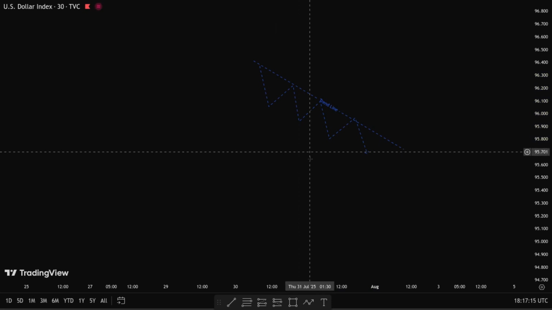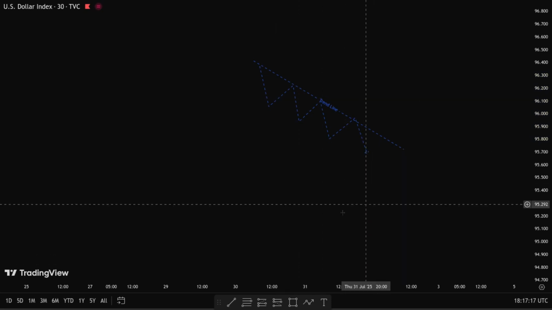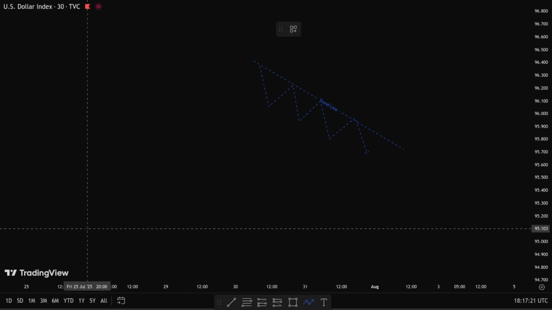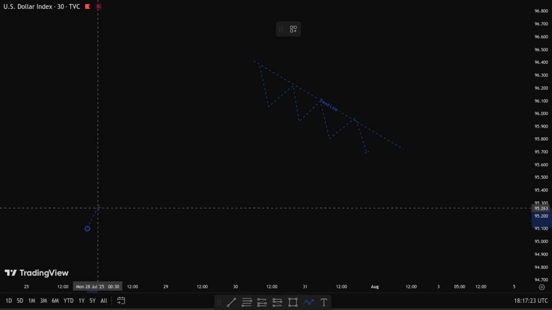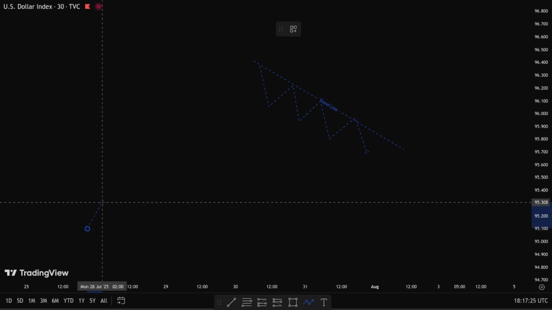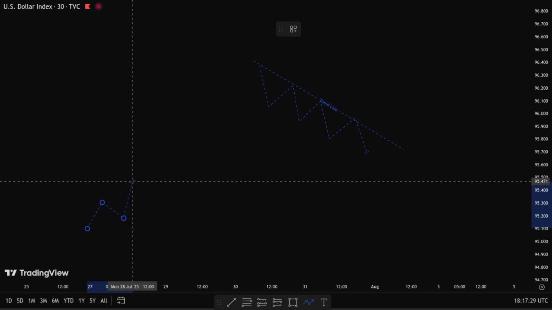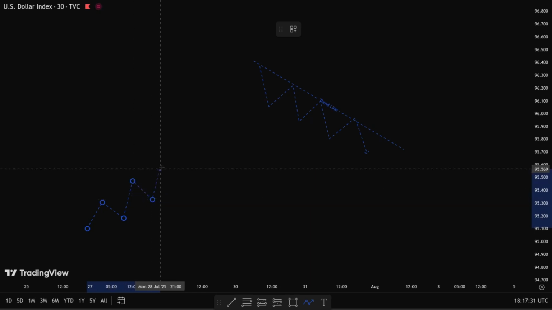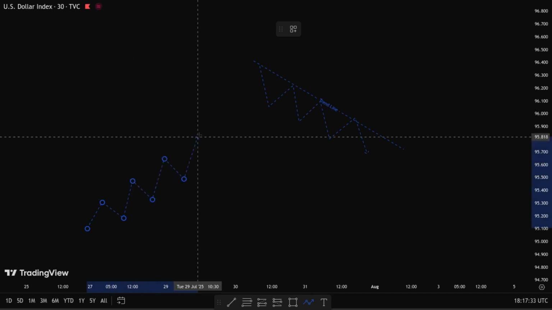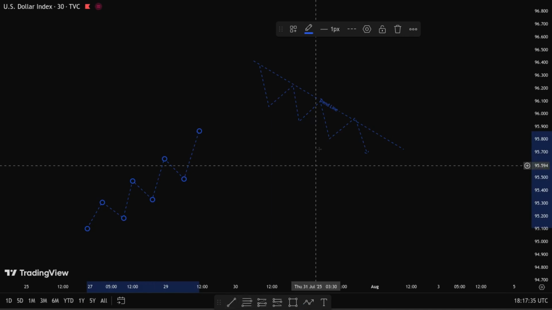So this is the trend line, this is a downtrend. Remember, let me draw back the uptrend. Higher low, higher high, higher low, higher high, higher low, higher high, like this, right?